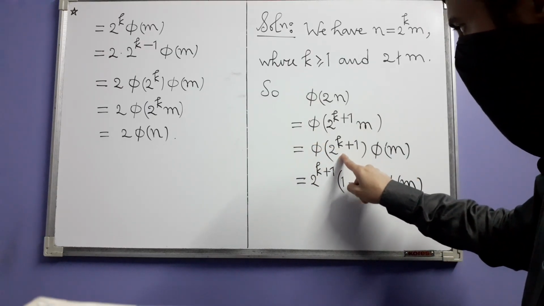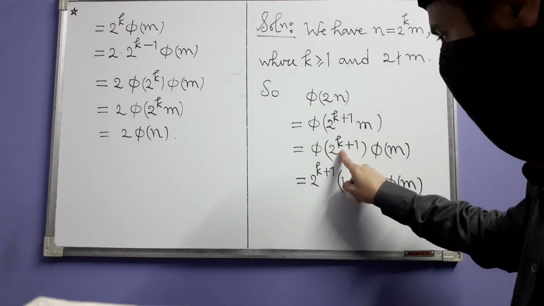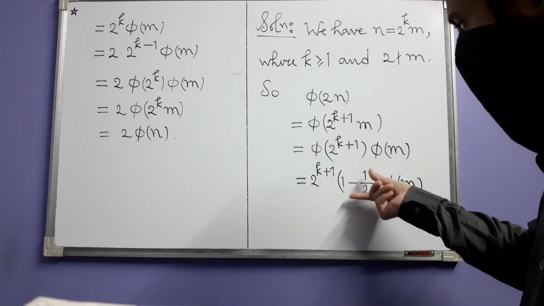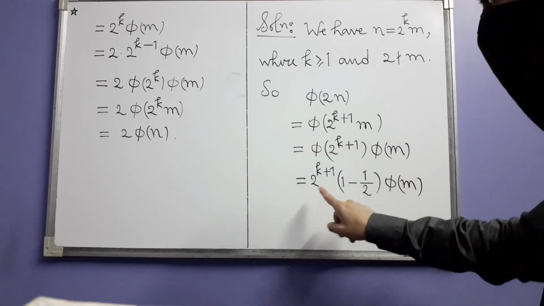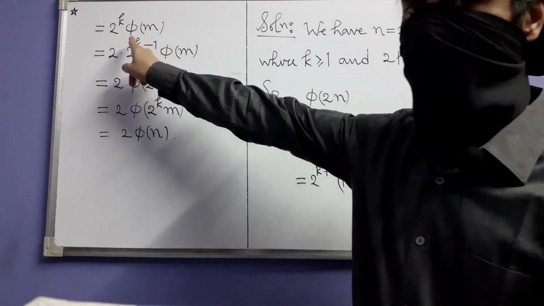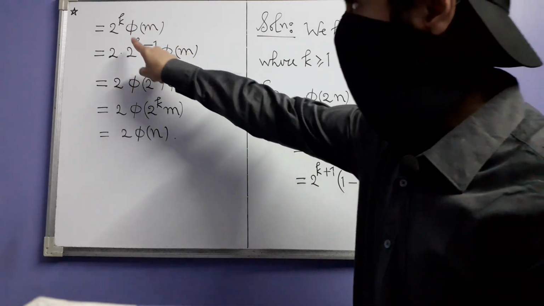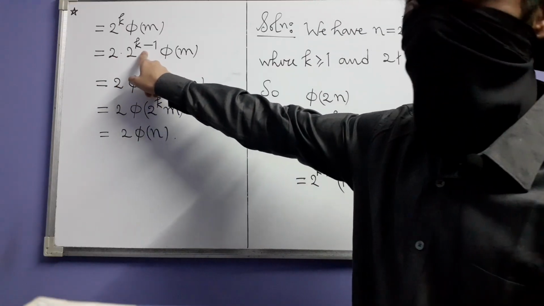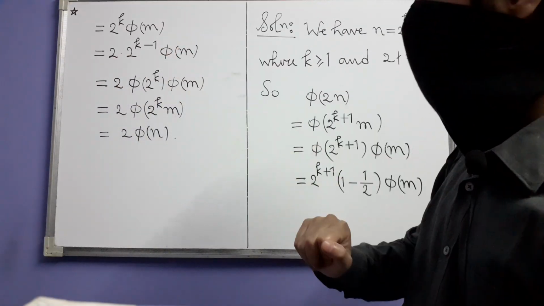Now you know how to calculate this number times 1 minus 1 divided by 2, which just is 1 divided by 2. So you have to divide this by 2, obtaining this. And along with that phi of m remains. And then you can split this further like this, 2 times 2 to the power k minus 1 times phi of m.